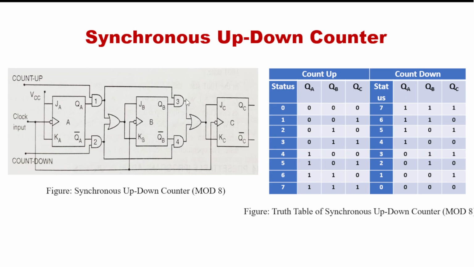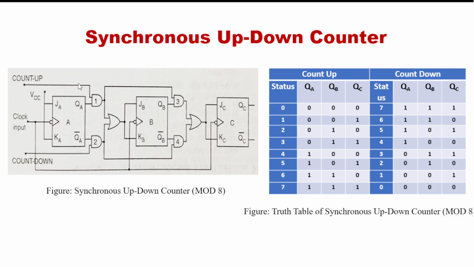The output of AND gate 3 is QA and QB. So QA and QB passes through the OR gate and acts as the input of JK flip flop number C. Now I am coming to the count down position.